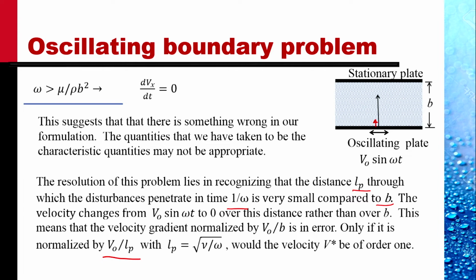So the characteristic length in the y direction should not be taken as b, but as LP, the penetration depth, which is related to the circular frequency omega of the oscillation of the lower plate.